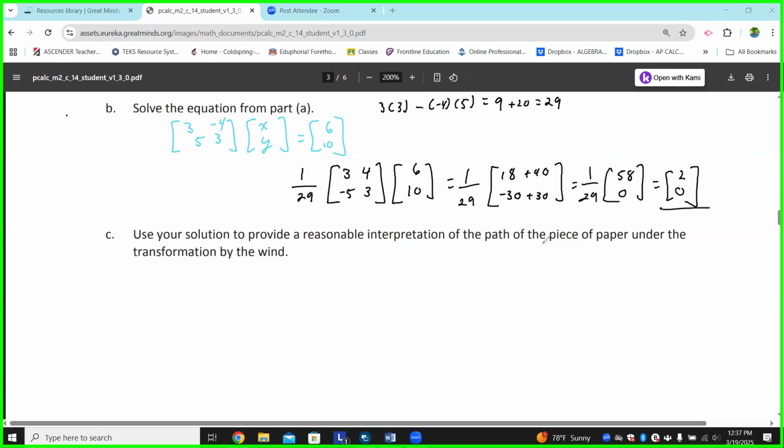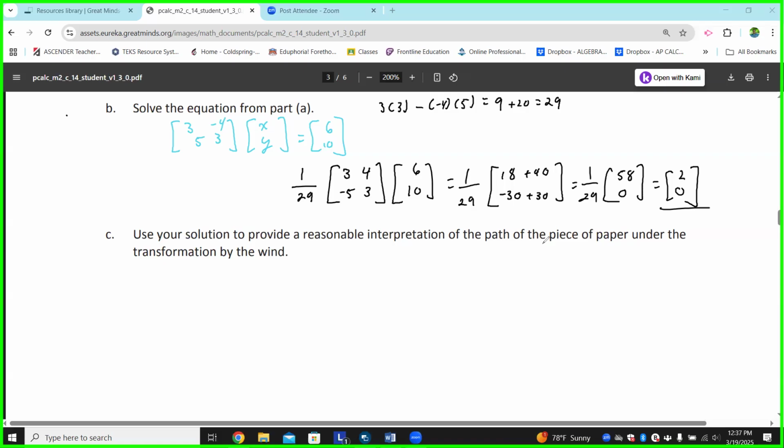What would the (2, 0) represent? Not necessarily the slope. Anyone? So again, you have a piece of paper. It was carried by the wind. Its location landed at (6, 10). What does the (2, 0) represent?